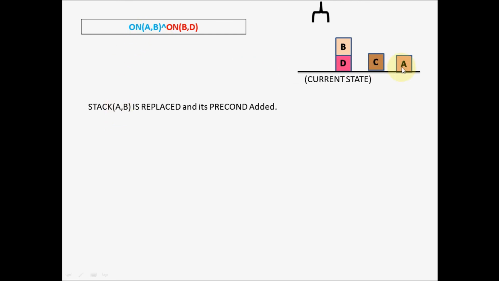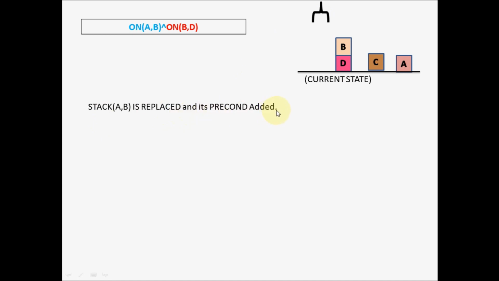Because block A can be placed on top of B only by the stack action. Maybe right now the stack A comma B action may not be executed. You cannot do it because the arm is empty. But maybe after one or two steps, this action stack A comma B will be executed. Fine.